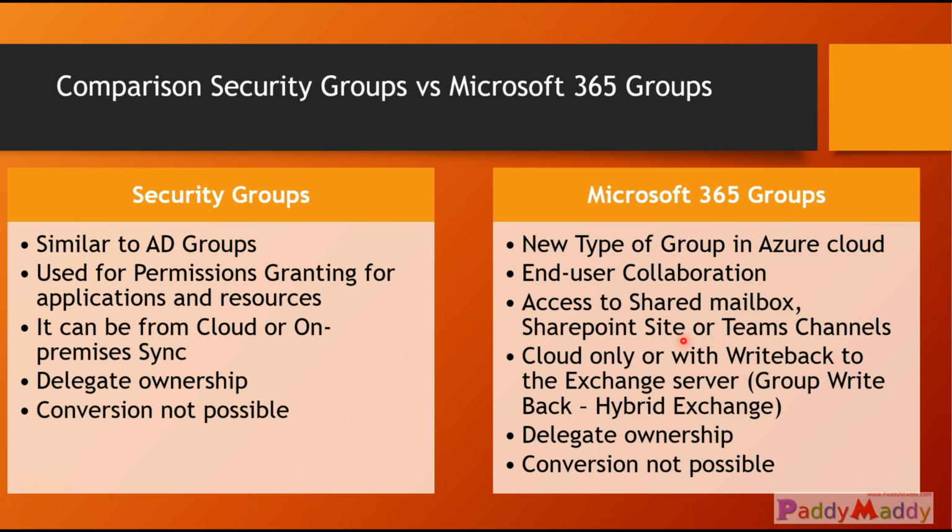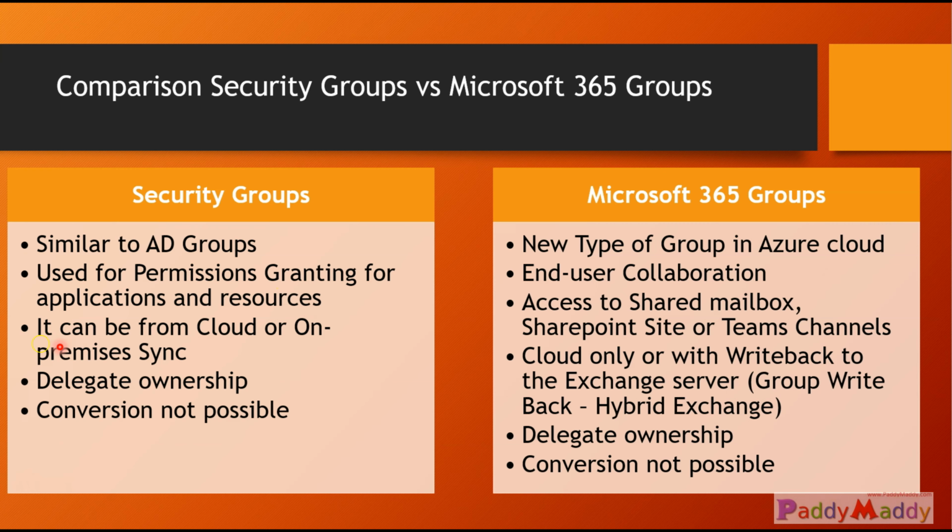And you wanted to collaborate your end users with the data, then Microsoft 365 is the right option. Whereas security groups are more focused on permission granting for your applications or your resources within cloud or maybe on your on premises. It's going to be the same thing.